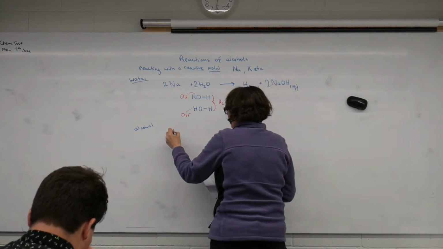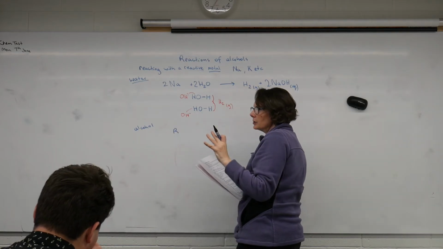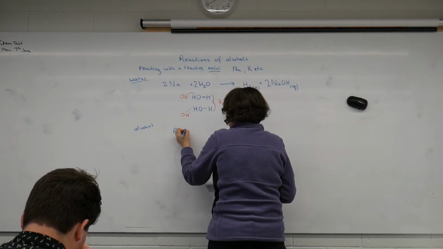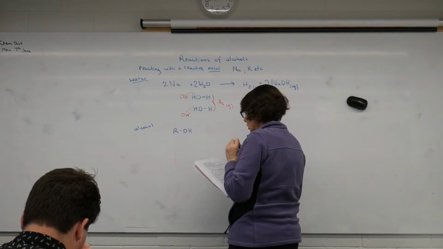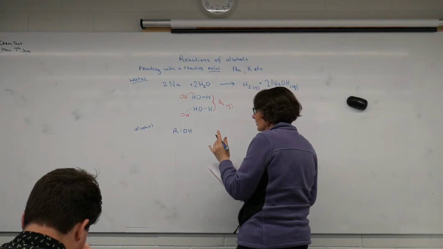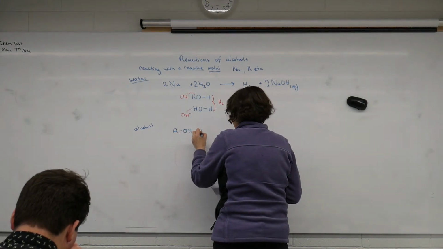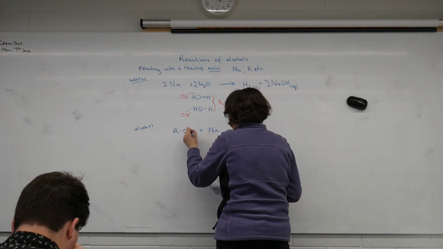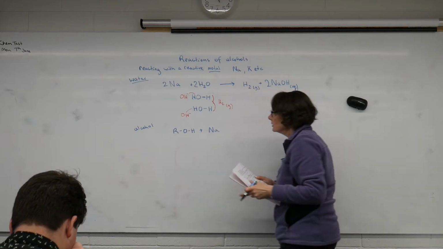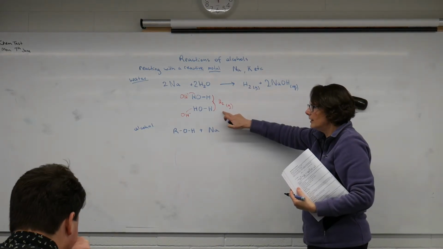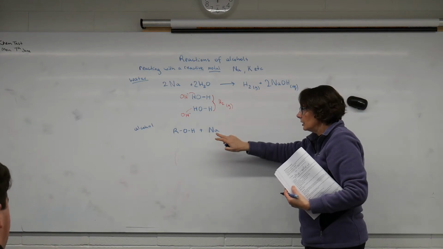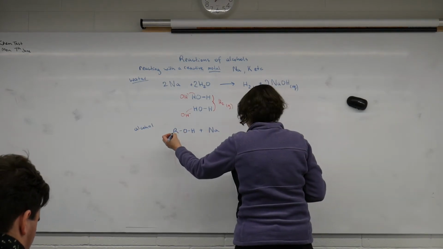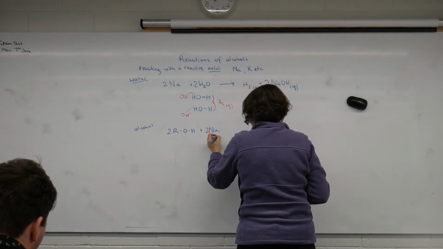Here, we're going to represent the carbon chain that's not part of the functional group with the letter R. And then we've got that OH sticking out of our alcohol, and I'm going to react it with the sodium. Just like the sodium ripped the hydrogen off the water, it's going to rip the hydrogen off the alcohol. Now to balance it, we actually need two of these.